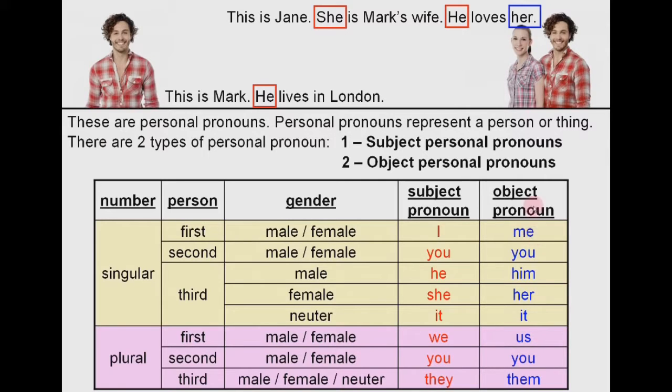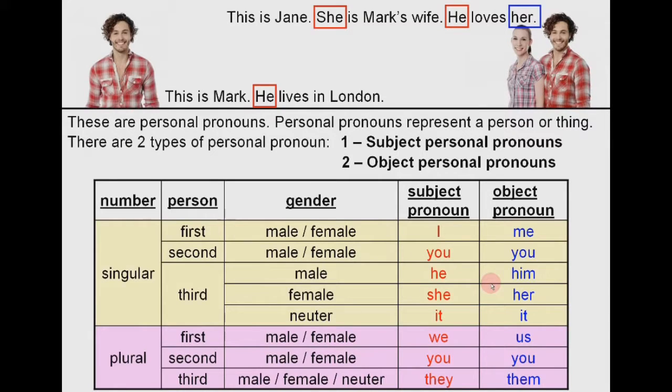Okay? So these are the pronouns, personal pronouns, when the pronoun is being used as an object. Okay? So in this lesson, we will look at the subject pronouns and object pronouns in a little bit more detail, with some more examples and rules, and at the end there is an exercise.